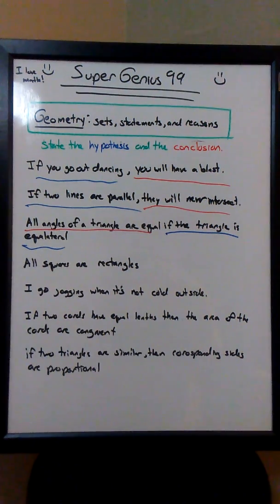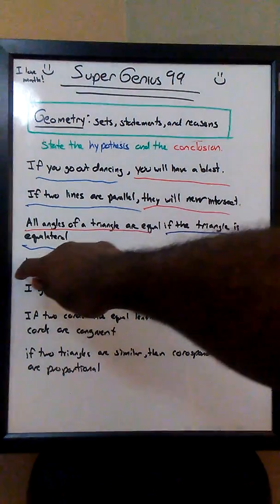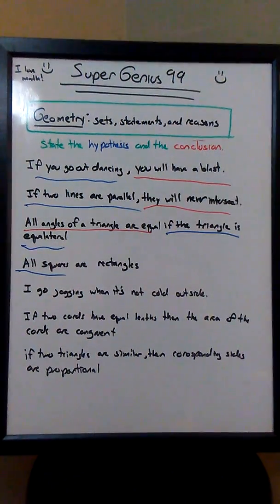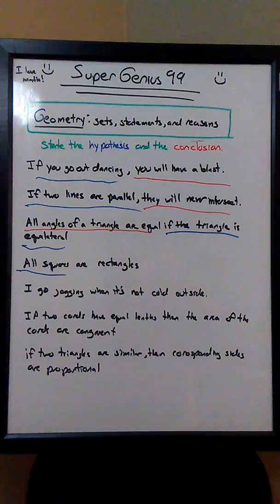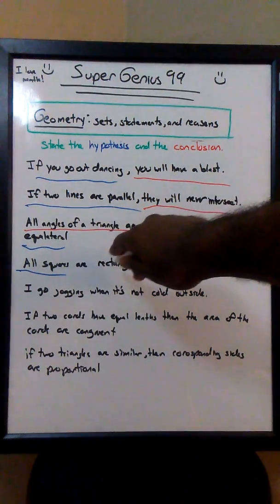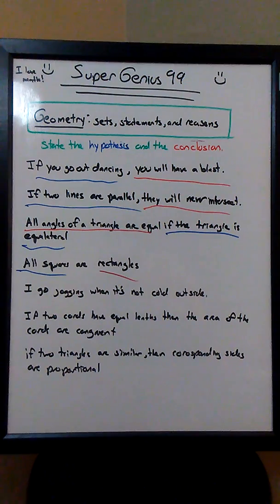If an object is a square, it's also a rectangle. Is that true, right? Yes or no? Yes. So if an object is a square, there's our if, then it also is a rectangle. So all squares are rectangles. If an object is a square, then it's a rectangle. Okay.